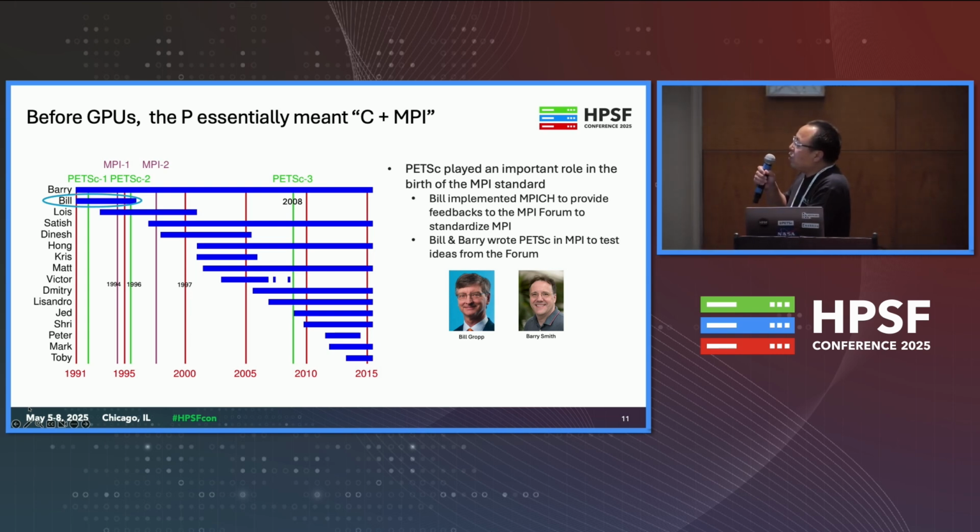You can see Bill Gropp and Barry Smith, the original PETSc developers. They were involved in MPI standardization and PETSc implementation. From this deep involvement, we have a very successful MPI standard, and it is used in PETSc.